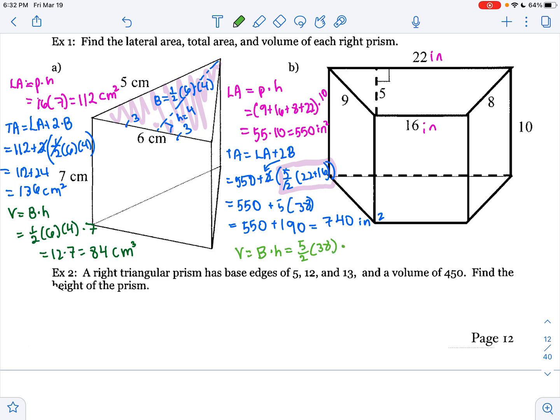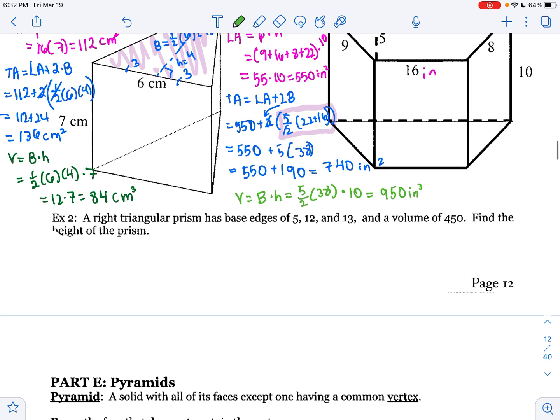And then we want to multiply that by the height of the overall prism, which is 10. So you can divide 2 into 38 and then times it by 10. We should get a final calculation of 950, and that would be inches cubed because we're in cubic units for volume.